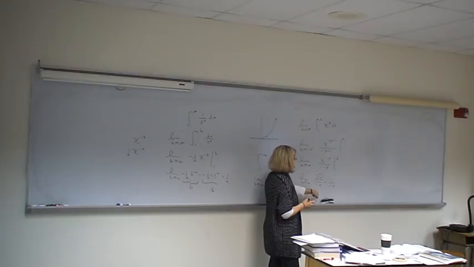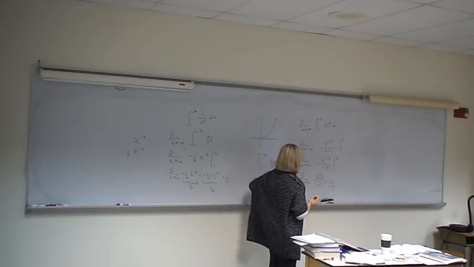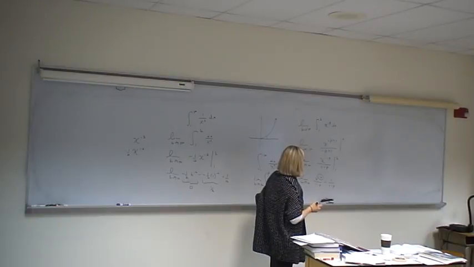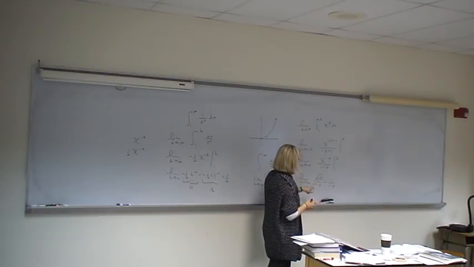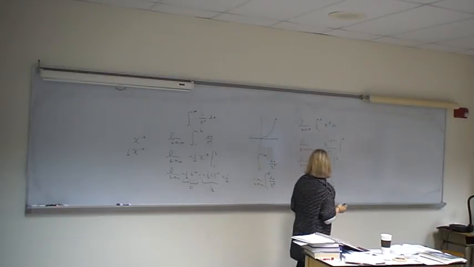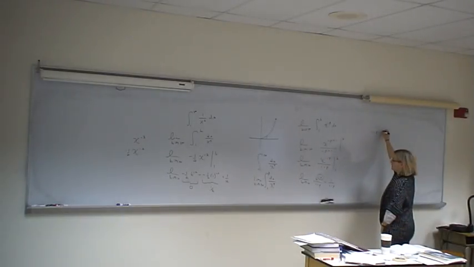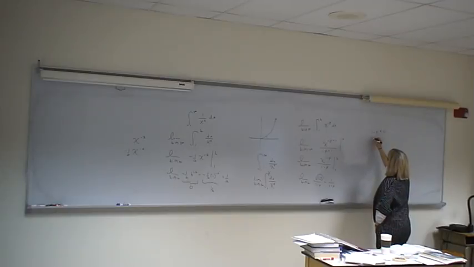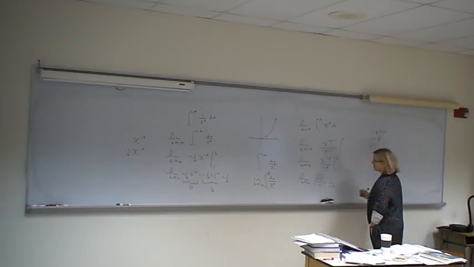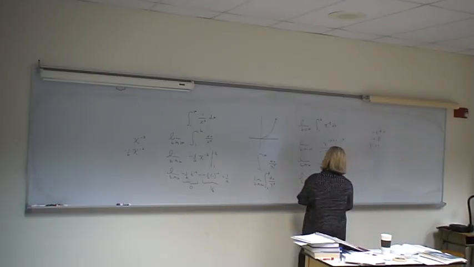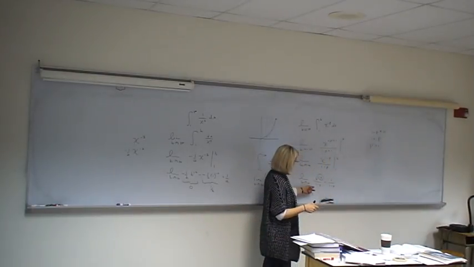If it keeps it in the numerator, it's going to go to infinity. So what would put that down in the denominator? If p is greater than 1. So if 1 minus p is less than 0, or p is greater than 1, that's going to throw this down into the denominator, and this part will become 0.